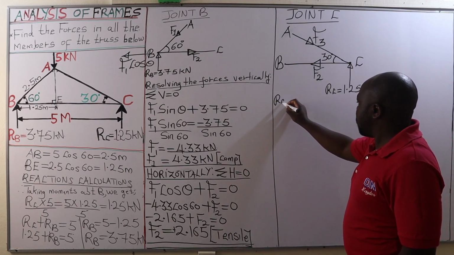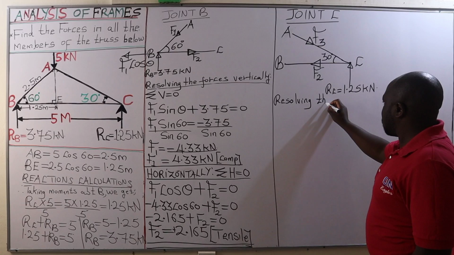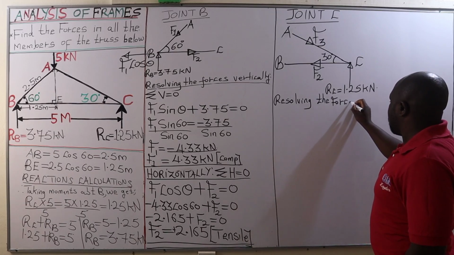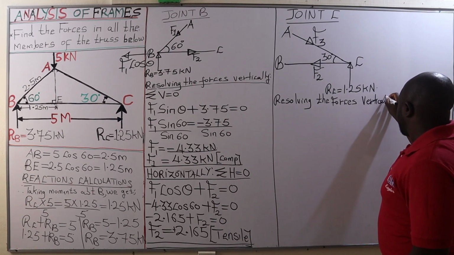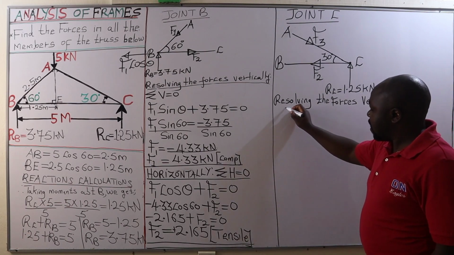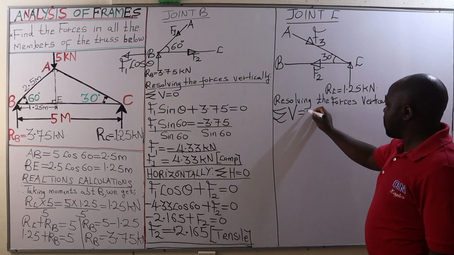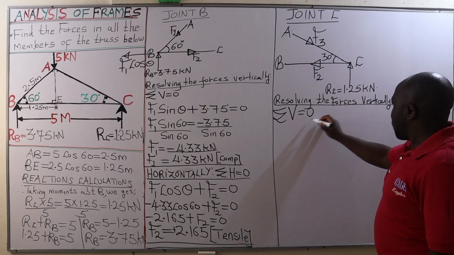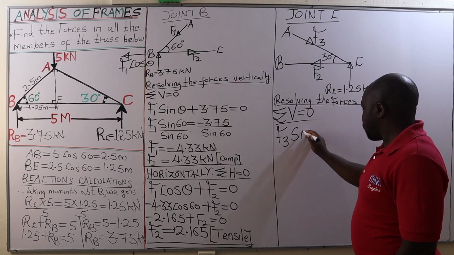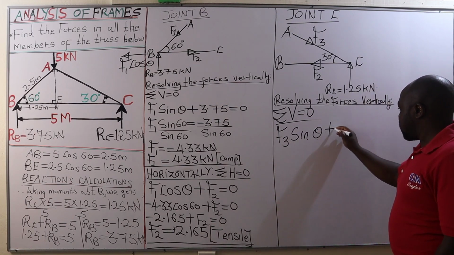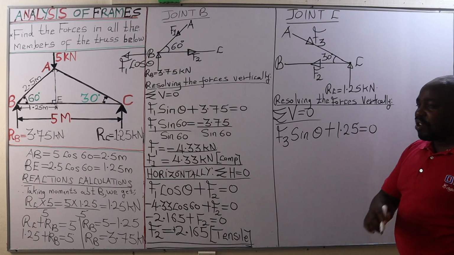Therefore, resolving the forces vertically, and applying this principle of summation of all the vertical forces being equal to 0, we are going to have the following: F3 sine theta plus the reaction at C, which is 1.25 kilonewtons, will be equal to 0.